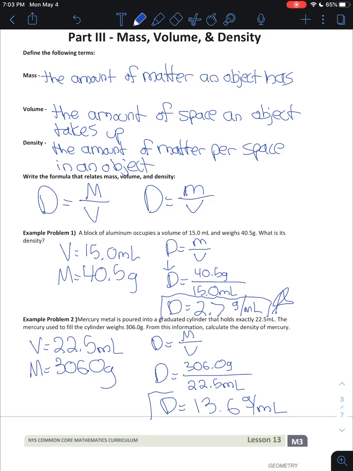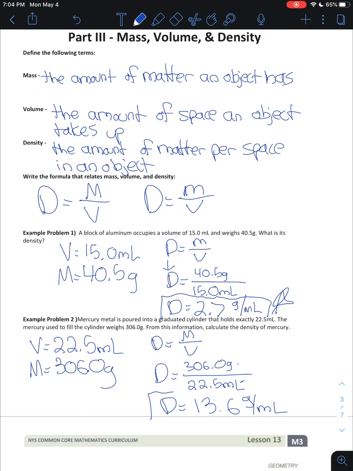And keep in mind, these problems were easy because I gave you mass and volume. I could give you density and mass, and you need to solve for volume. But it's basically just a matter of plugging in the numbers you have and solving for the ones that you don't have.